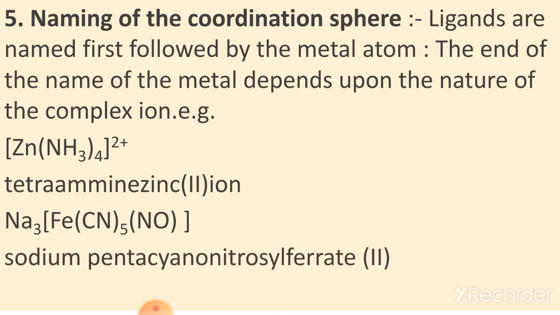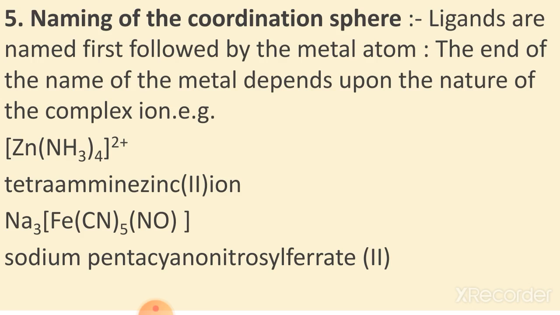Now one more formula is given, Na3[Fe(CN)5NO]. Here, first of all you have to write the name of the positive ion, that is sodium. Then, according to alphabetical order, penta, cyano, then nitrosyl. So the name of the complex is sodium pentacyanonitrosylferrate(II). Here the II is the oxidation state of the central atom, iron, which you can find by the oxidation number method.